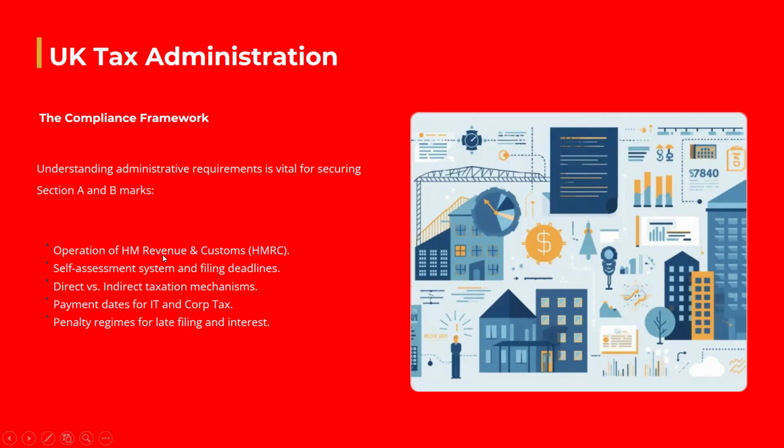In the UK, we have His Majesty's Revenue and Customs. Then the self-assessment system, there are the deadlines, and the direct versus indirect tax mechanism. Just like I told you, in direct tax you don't get the gross, you get the net. Your employer deducts that tax on your behalf and pays it to HMRC, but with indirect tax, you have the control. Then you will learn the payment dates for income tax for every syllabus area. And then what are the penalties?